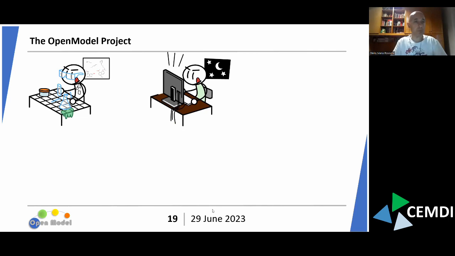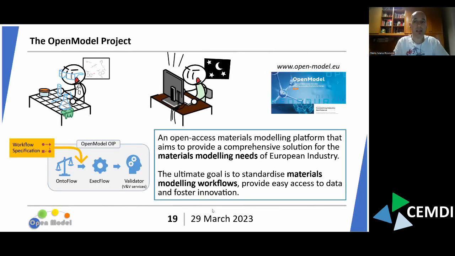So what we tackle specifically in this OpenModel project is the problem that I try to represent here. With computer simulations, we try to replace the person working in the lab with a person doing the same work with a computer model, and we have exactly the same problems: the work depends on the person, no one is sure how it is done, and documentation is often lacking.